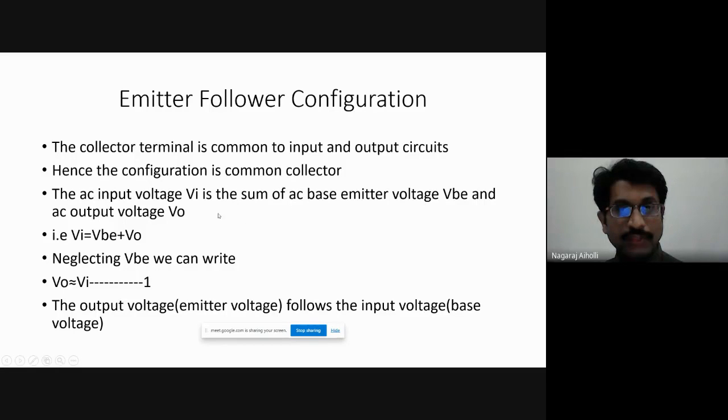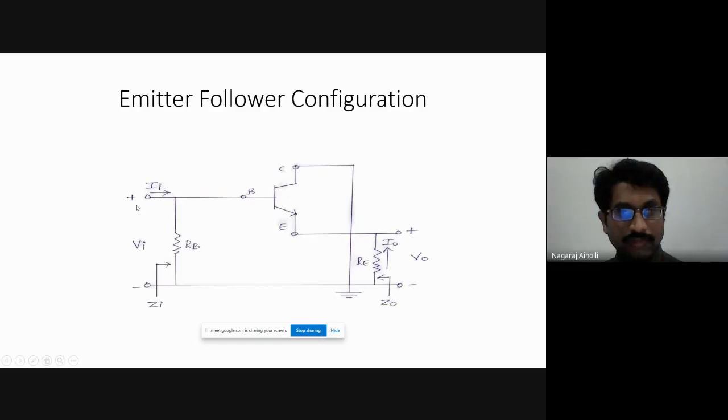What is the AC input voltage Vi? This Vi is appearing between the base terminal and the ground, in a parallel path.